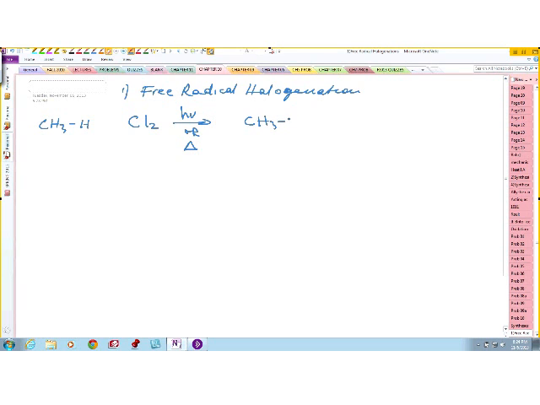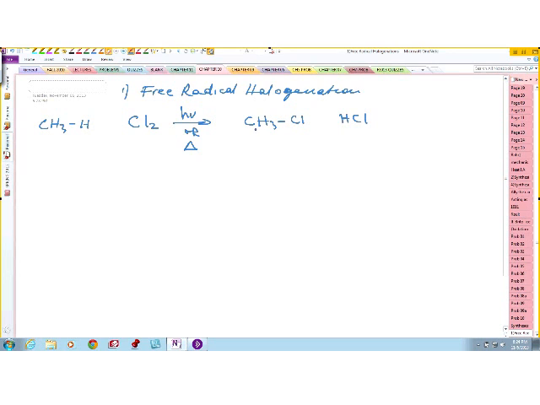So here, we have replaced one of these hydrogens that is attached to an sp3 carbon. We have replaced that hydrogen with chlorine.